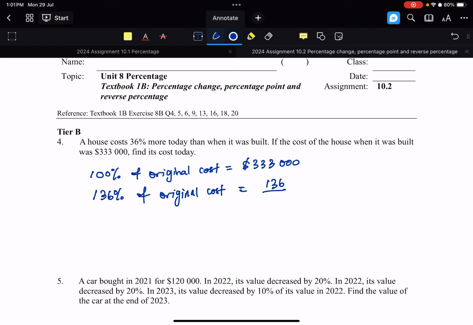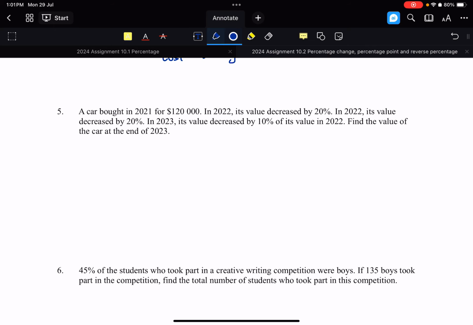That will be 136 over 100 times 333,000, and that's actually the cost today. So the cost today, press our calculator, you should get 452,880. Okay, next one.